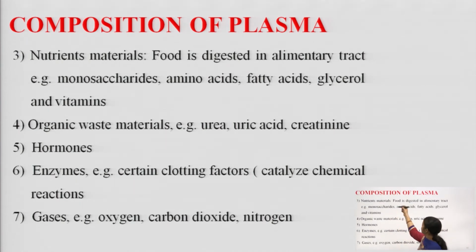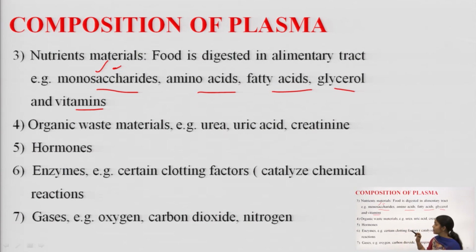Now the composition of plasma. Next is nutrient material. Food which is digested in your alimentary canal contains nutrients like monosaccharides, amino acids, fatty acids, glycerol and vitamins. These are also present in your blood plasma.